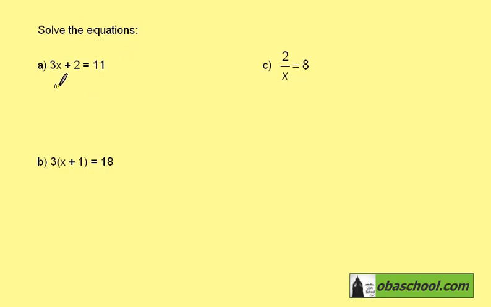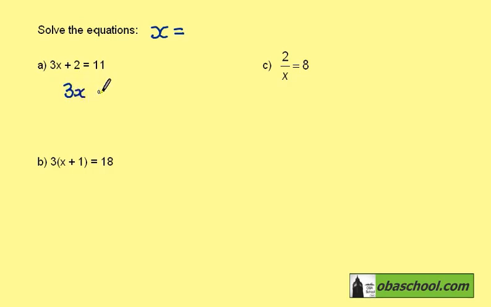Let's start by solving 3x plus 2 equals 11. What this means is we're going to rearrange it until we get x equals a number. So starting with 3x plus 2 equals 11, let's subtract 2 from both sides.